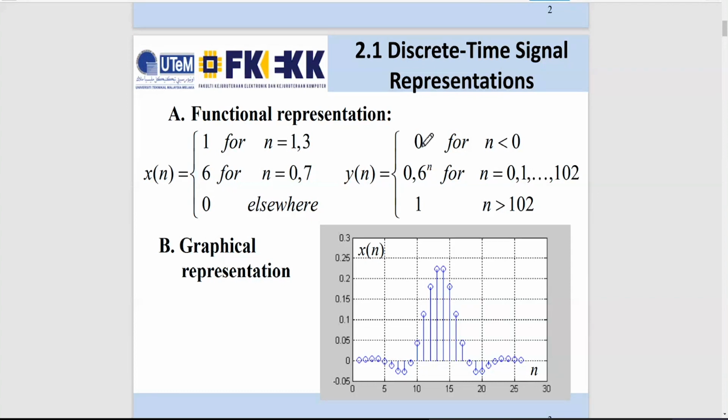The output will be 0 for n less than 0, 0 for n equal 0, and for 1 to 102 it will be 6 to the power of n. Then for n larger than 102 it will be 1. So this is the conditional for the output, and this is what the functional representation is all about.